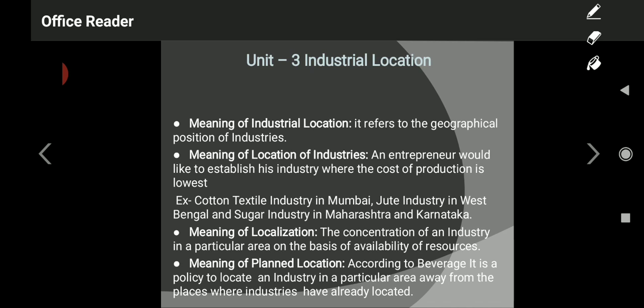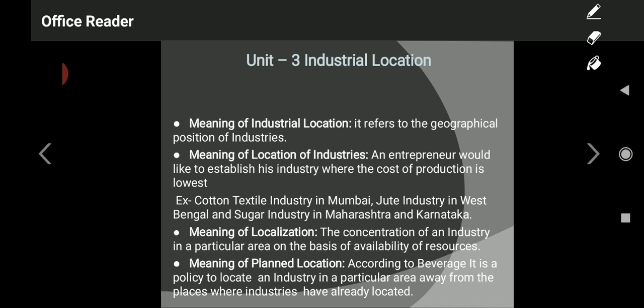Let us start with the meaning of industrial location before going to the theories of industrial location. The 5 marks question coming on this topic is: explain the factors influencing the industrial location.